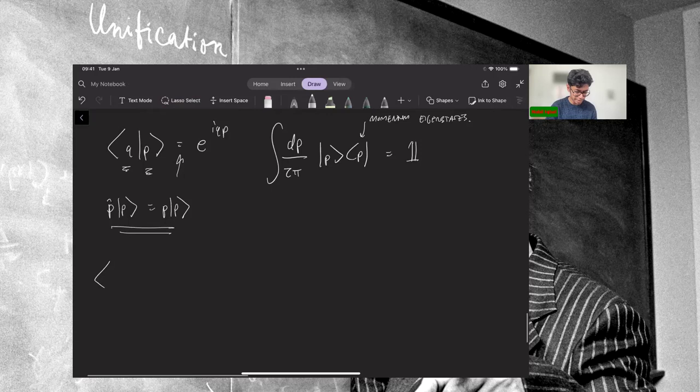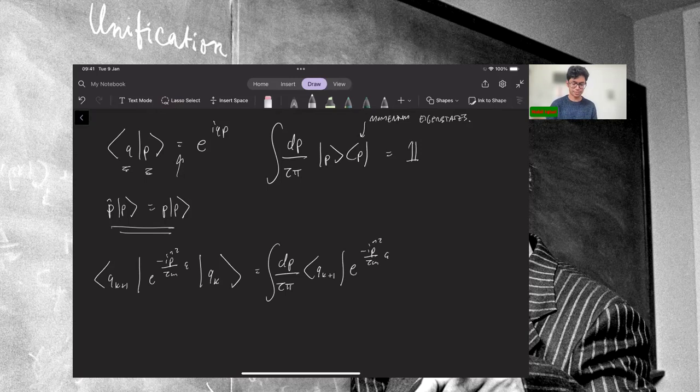So starting from here, we have the integral dp divided by 2 pi, q sub k plus 1, e to the minus i p hat squared over 2m epsilon.